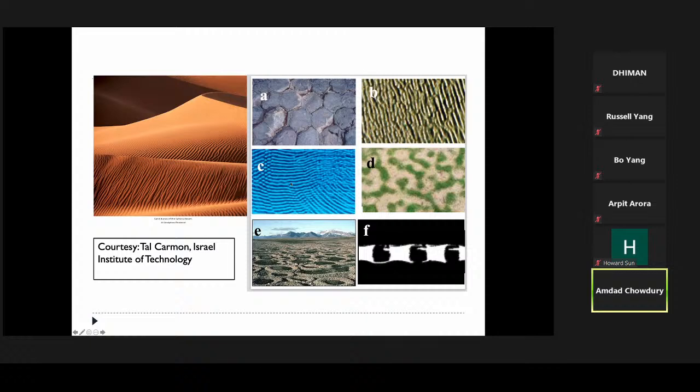We also see pattern formation as a result of modulation instability in some grass formations, and these are some patterns in E and F. F is the pattern in some kind of animal skin. So modulation instability gives rise to this kind of pattern in real-world scenarios. These are some examples of this.